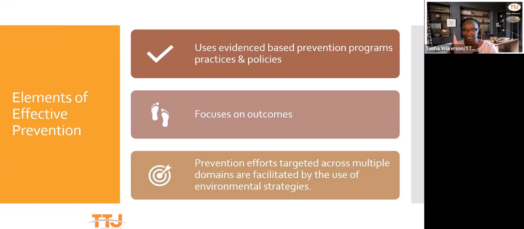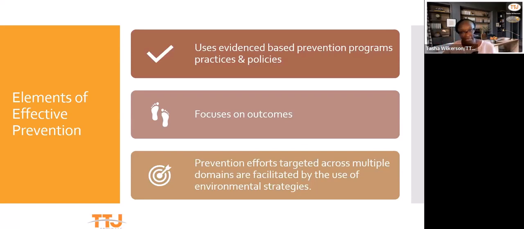But your focus is not on your how, because usually your how is your program, your practice, or your policy. The outcome is the thing you're trying to achieve. There are many different ways that you can get to an outcome. I would like you to remember that when you're doing your programs, it's about the outcome, because there may be different strategies you will employ that will get you there, not just the program.